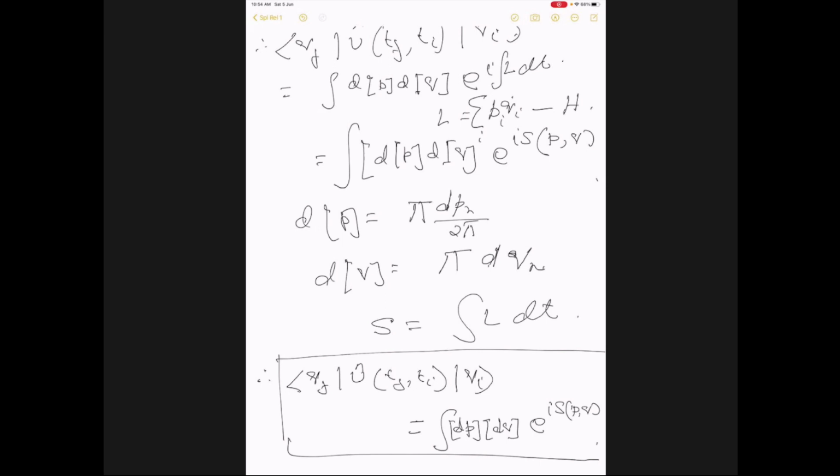So this is the probability amplitude for transition from Qi to Qf.